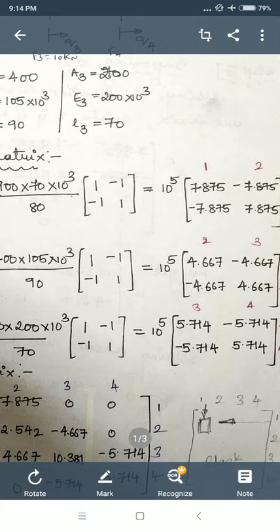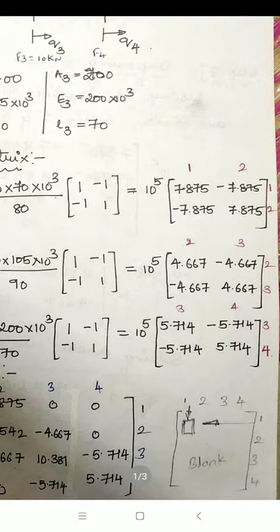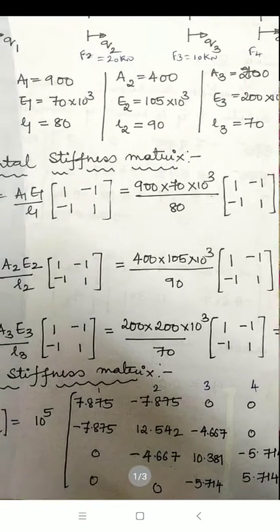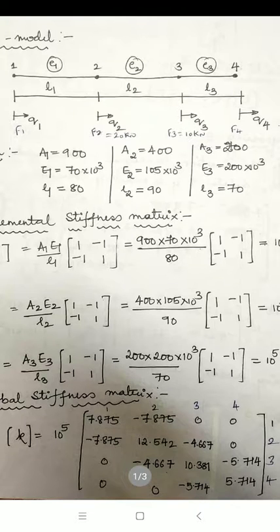Say in K1, in stiffness matrix 1, in the place of column 1, row 1, the value is 7.875. That's why in the global stiffness matrix also, in the place of column 1 and row 1, I have written there 7.875. Similarly, in the place of column 2, row 1, the value is minus 875.